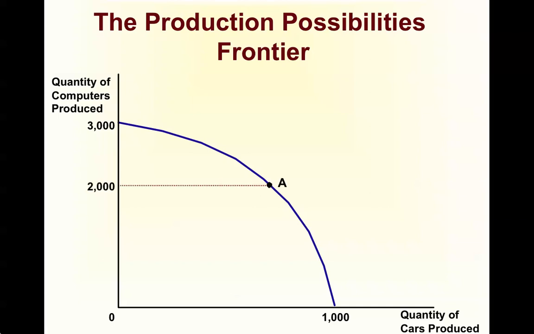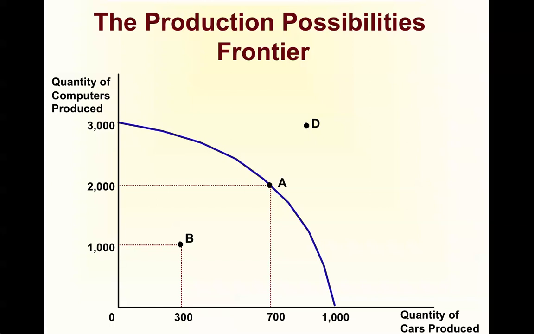Okay, point A is 2,000 computers and 700 cars. Now point B is inside the frontier, so you're not using all of your resources in their best uses. Point D is going to be outside the frontier.